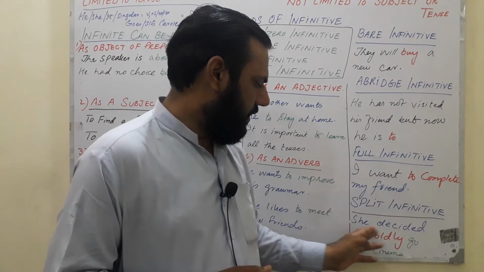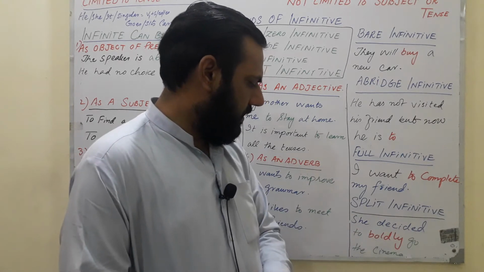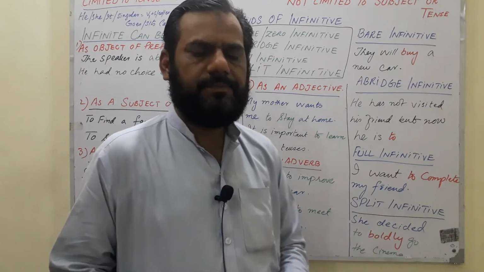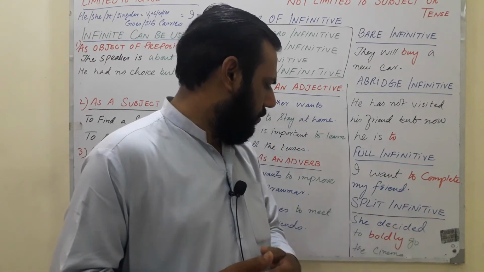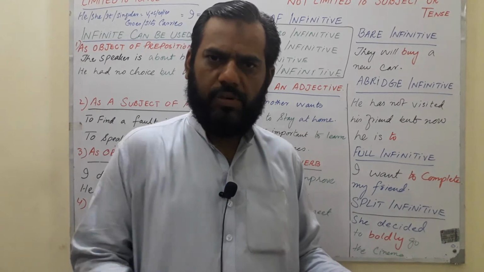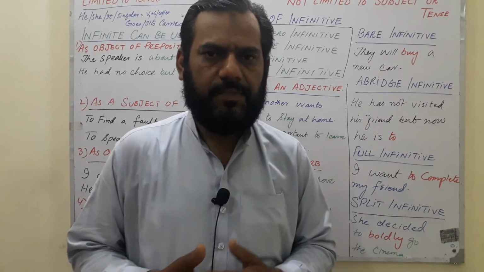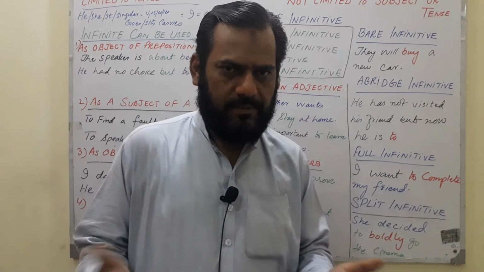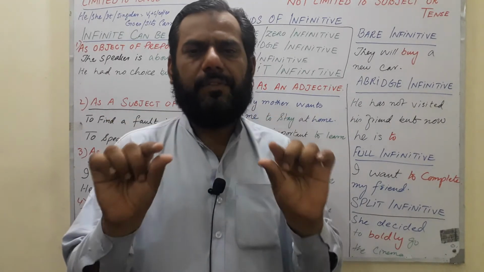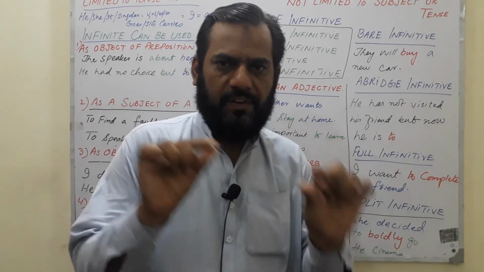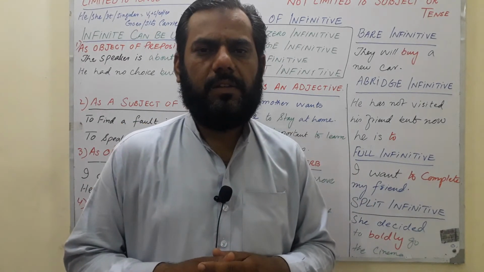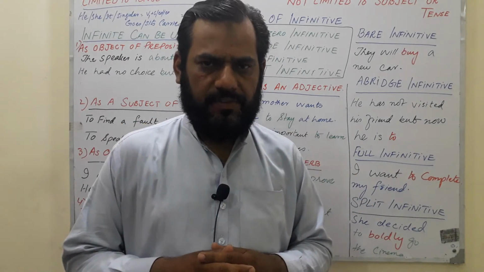How? Look: she decided to boldly go to the cinema. Now you should have said, she decided to go to the cinema. Boldly should be at the end of the sentence. We can write it, that is an adverb of manner. But whenever we bring an adverb of manner between to and first form, that is called split infinitive.